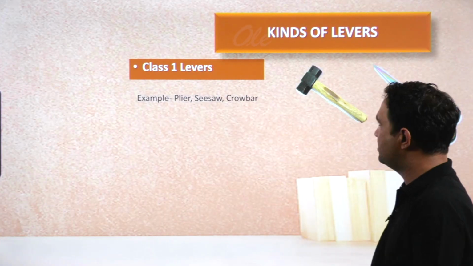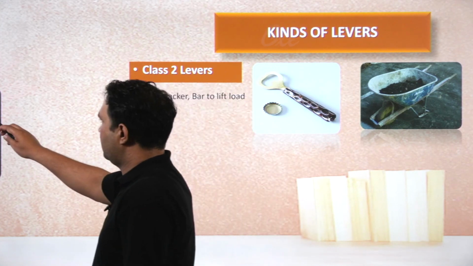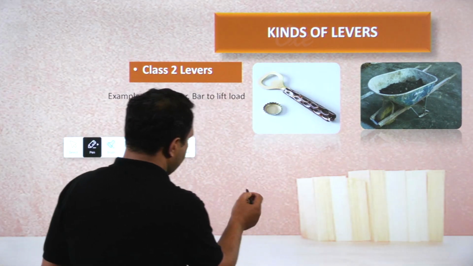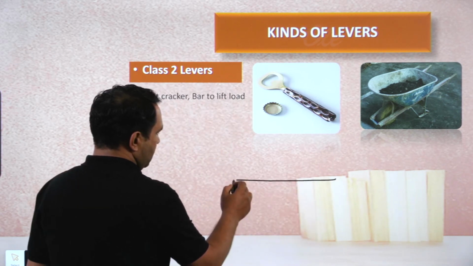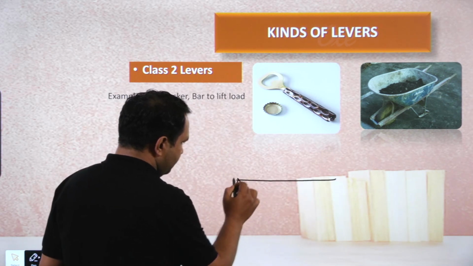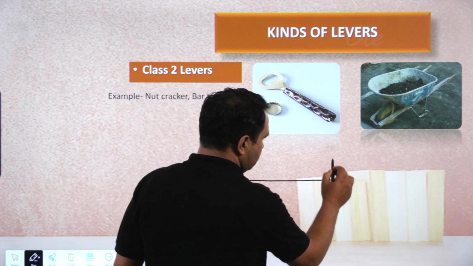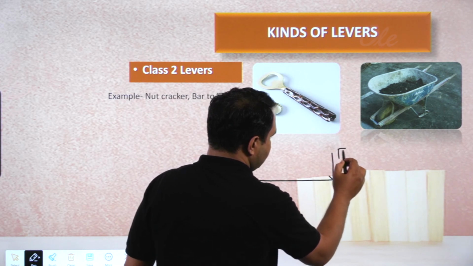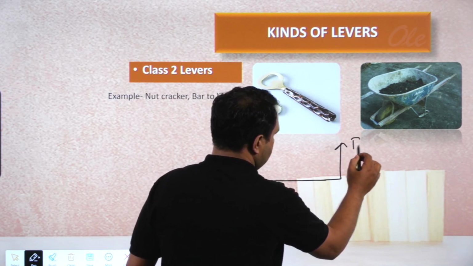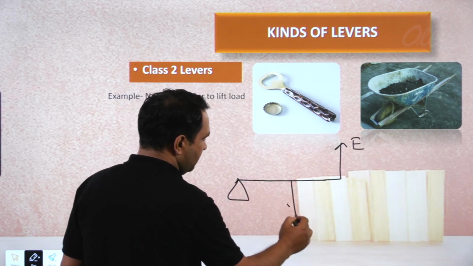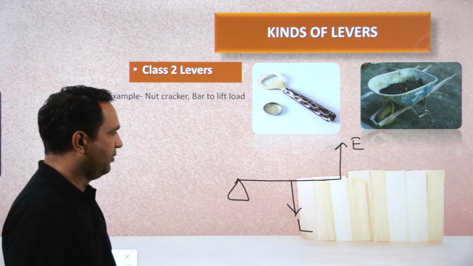Now moving to the class 2 lever. So let's see the class 2 lever. In this class of lever, fulcrum is at one side and effort at another side, right? This is effort, this is fulcrum, and somewhere in between there will be load.